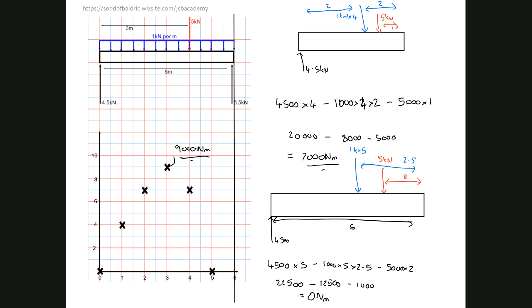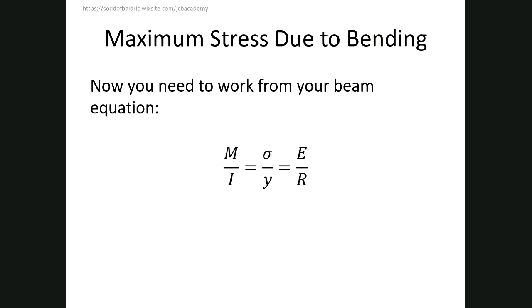So if we move this on, what you then have to do is find the maximum stress due to bending. Well, now we've got the maximum bending moment, all we need is the second moment of area to be able to determine the stress. So if we come and have a look at this, okay, then the calculation is based around this equation.